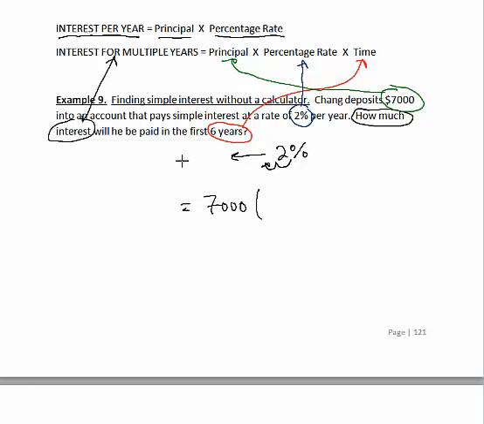And so we would have 0.02 as a decimal. We would insert that into our formula. Then we have time, which is 6 years, so we place 6 in our formula. And this is our interest, which I'll simply write an I in the place of.